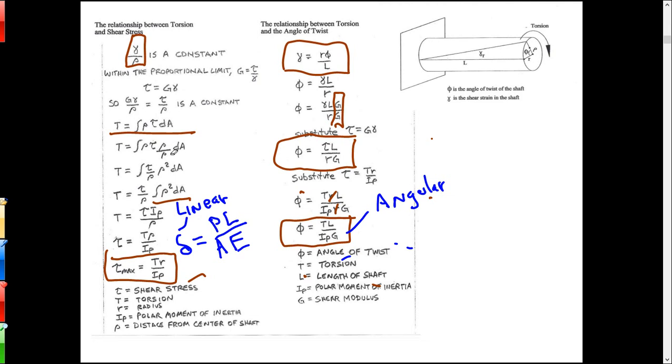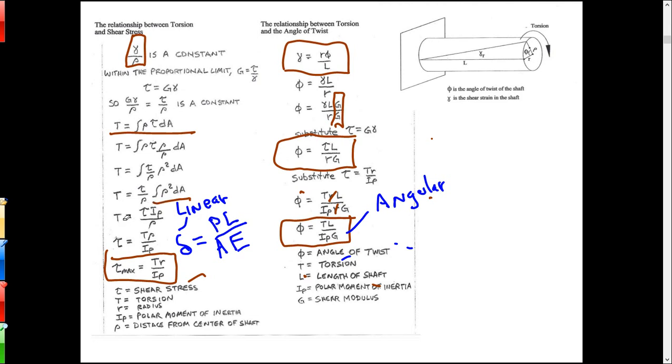It doesn't change the value of this thing. But I can now rearrange it algebraically and get tau rho squared dA over rho. See, that tau over rho is a constant. I can pull it out of the integral. And what I'm left with then is the integral, as I've underlined here again in red, of rho squared dA. Now what that is, if you remember back to statics, the integral of a distance squared times the area, where the distance is from a given axis, is the moment of inertia.